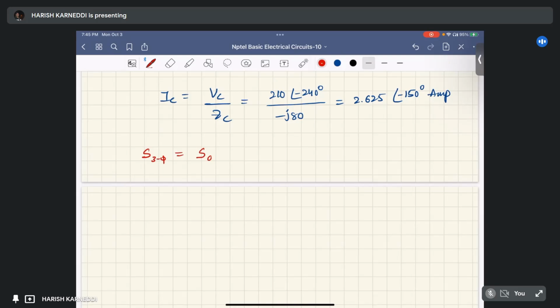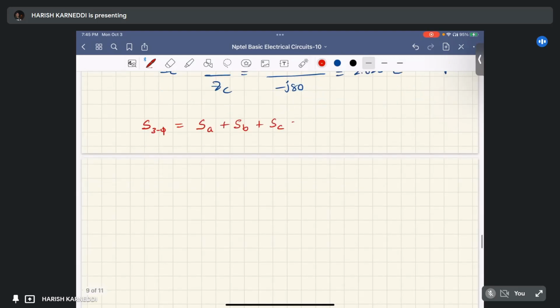Which is SA, apparent power of phase A, plus SB, apparent power of phase B, plus apparent power of phase C. This we can write as VA into IA conjugate plus VB into IB conjugate plus VC into IC conjugate, right?